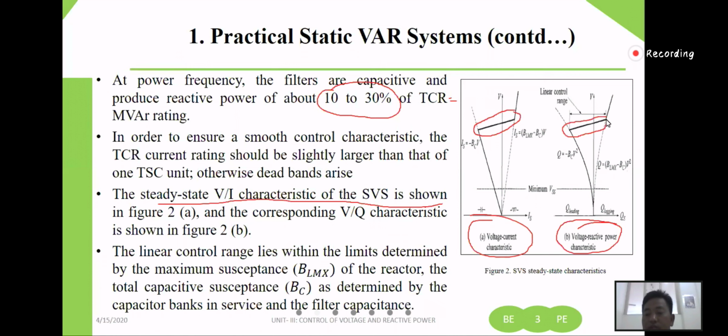We have combined these two, and this slope range is called the linear control range.